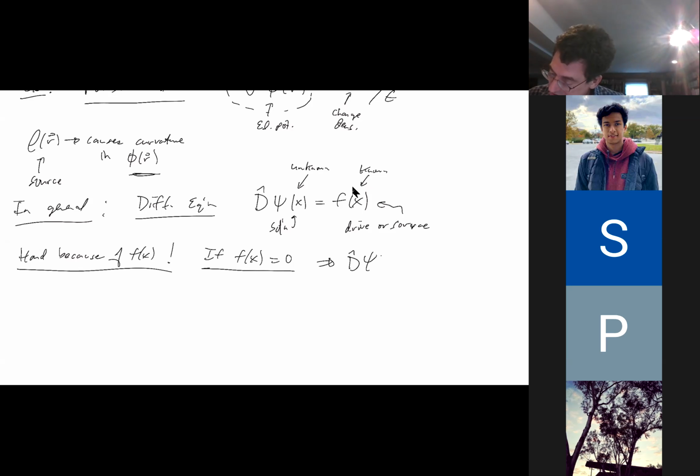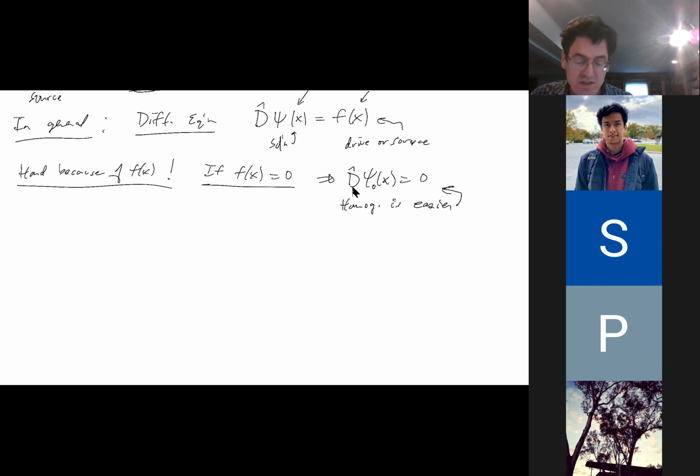D psi of x equals 0 is the homogeneous solution. Homogeneous is easier. But it's the function f of x that makes it hard.